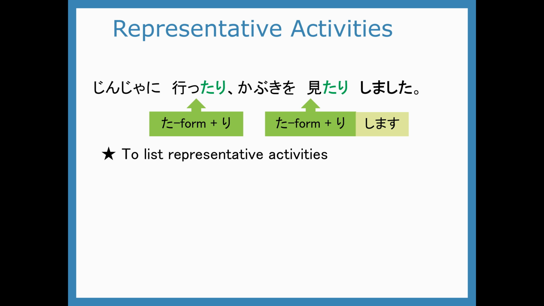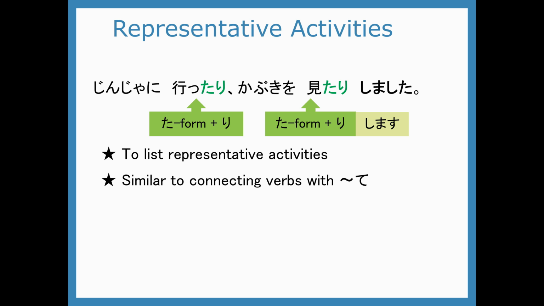So this construction, like I said, we use to list representative activities. What that means is that instead of listing every single thing that we did in Japan, we give, with this tari, a couple of examples, with the implication being that we also did a bunch of other stuff that I'm not going to list here.